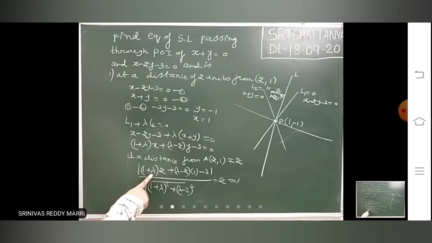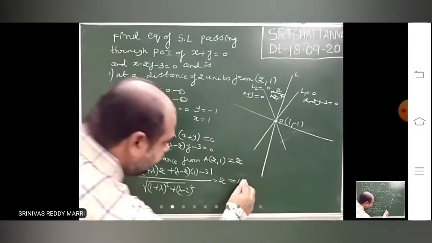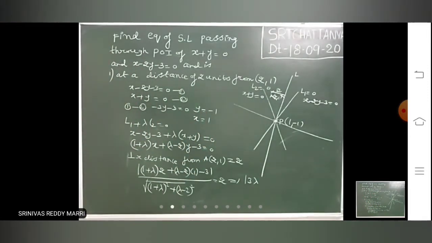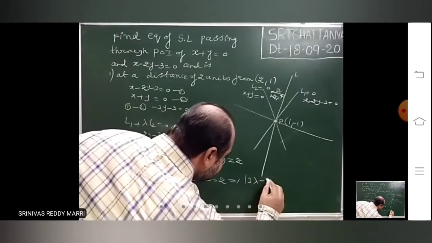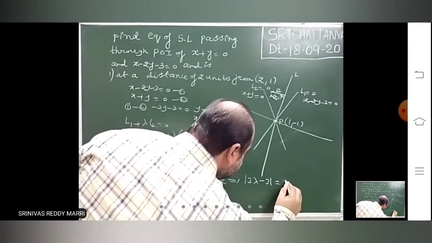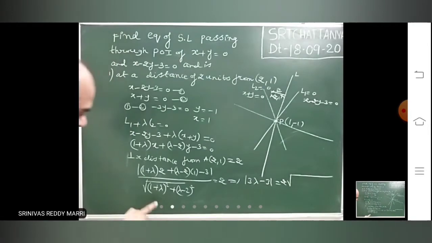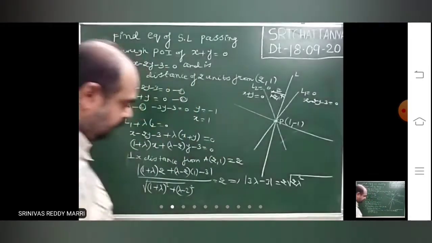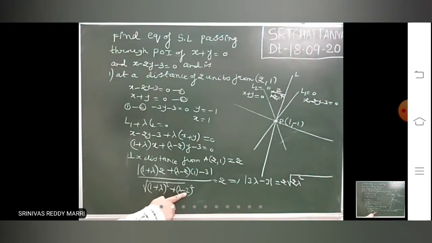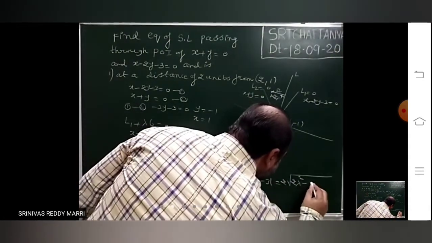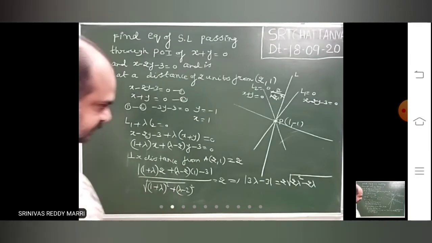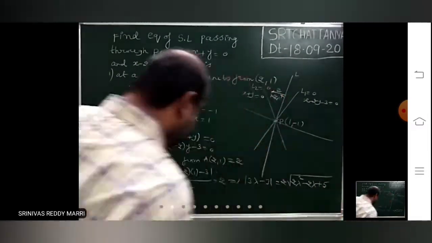The numerator is 3 lambda, since the constants 2 minus 2 get cancelled, minus 3, equal to 2 into root of: lambda square plus lambda square, 2 lambda square, plus 2 lambda minus 4 lambda, you get minus 2 lambda, constants 1 plus 4, 5.